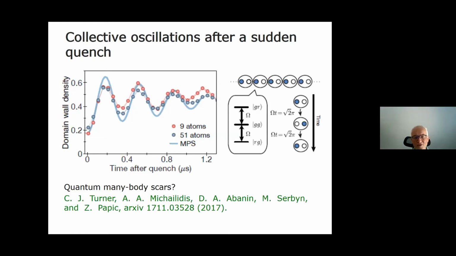So I should also say, 2 to the 51 states, that's 10 to the 15 or so states. So basically, our ability to use direct brute force diagonalization stops at about 25 atoms or so. That's partly why we chose 51.